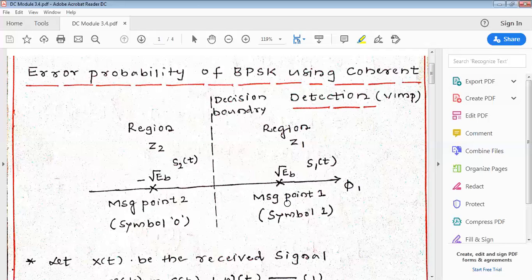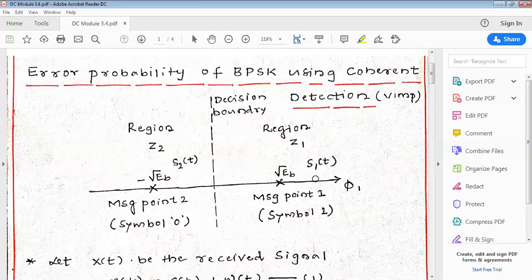The message point, that is symbol 1 corresponding to signal S1 of t, is located in terms of its energy, that is square root of Eb, and message point S2 for signal S2 of t for symbol 0 is located at minus square root of Eb.